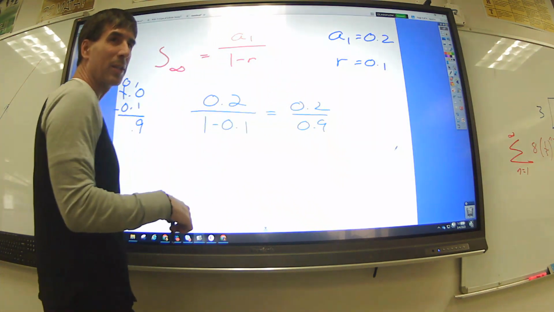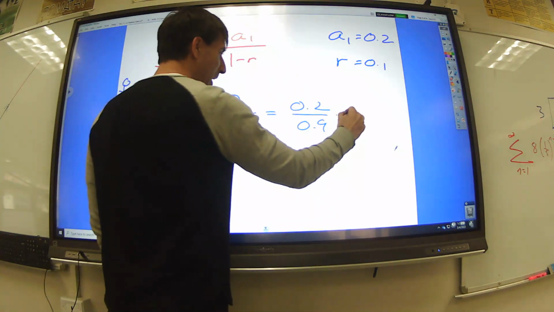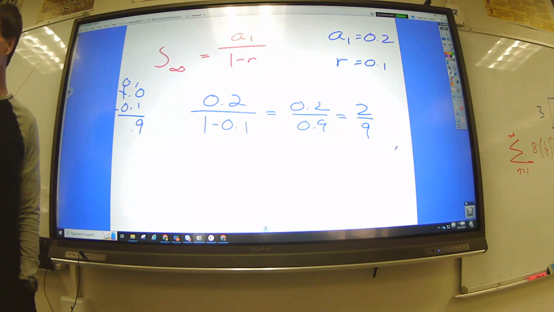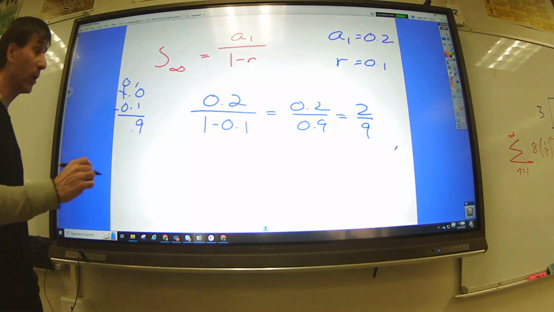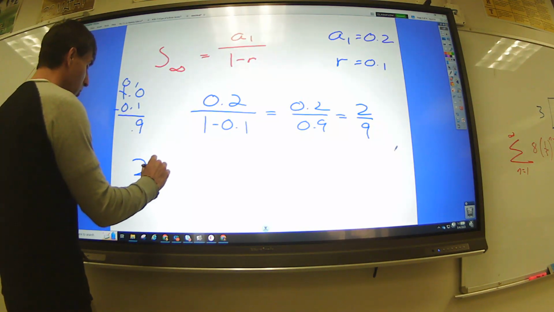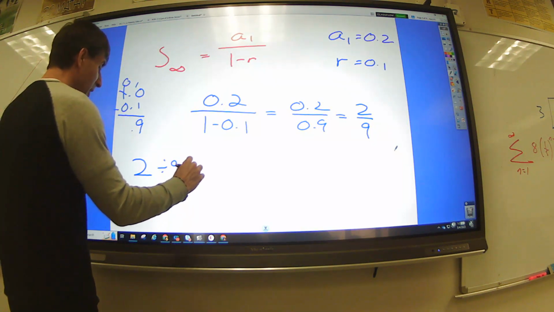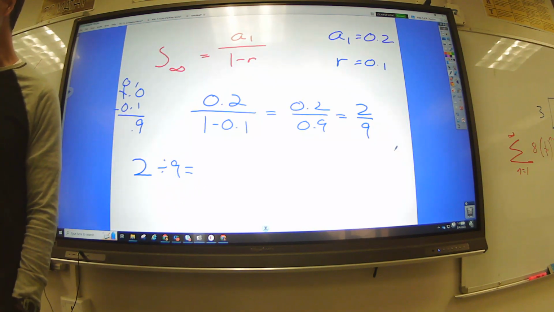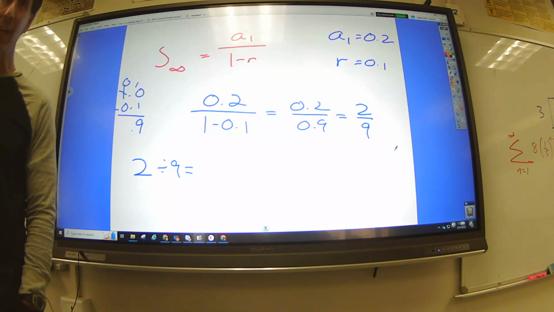And then you could just get rid of the decimals by moving them over to the right, and it's 2/9. Now, on your calculator, like I said before, you can punch in 2 divided by 9, and you should get 0.222222, right? You can check your answer.